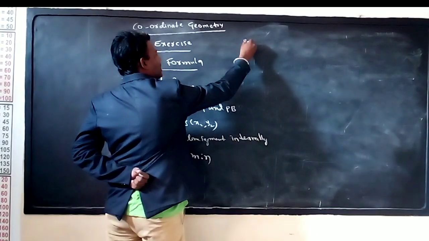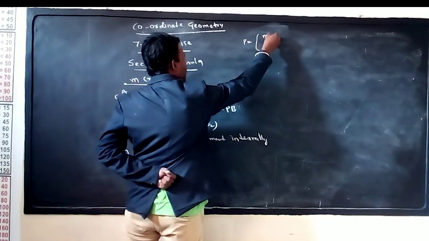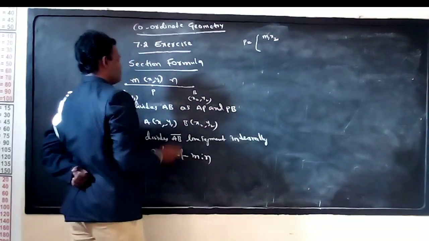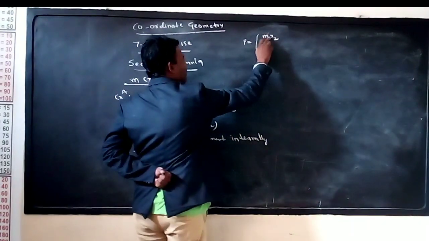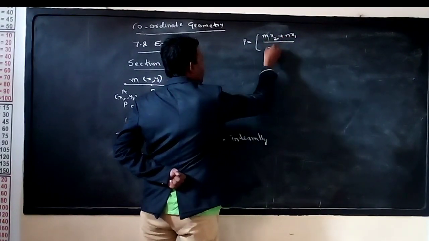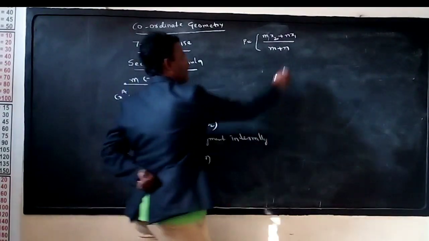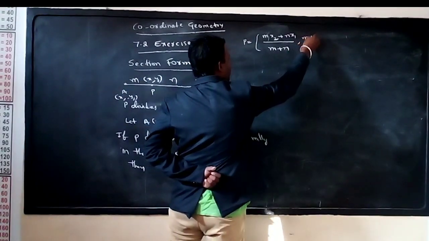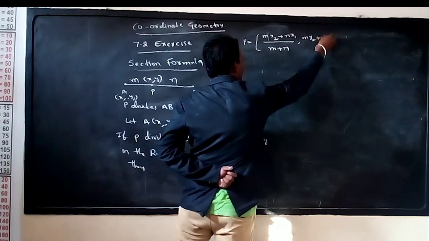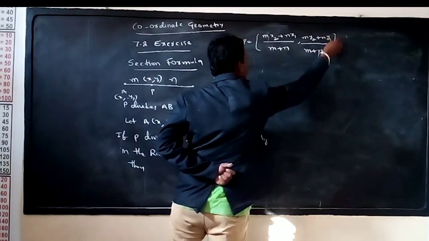P is equal to (mx2 plus nx1) by (m plus n), next (my2 plus ny1) by (m plus n).